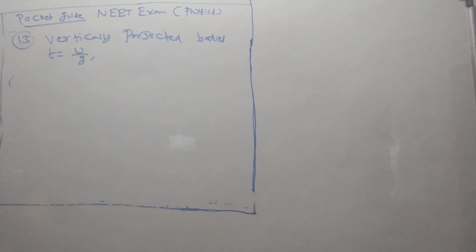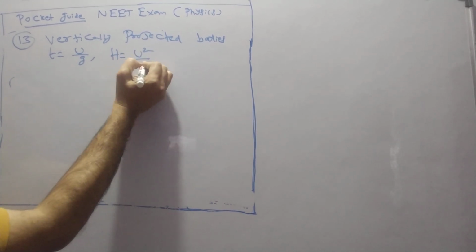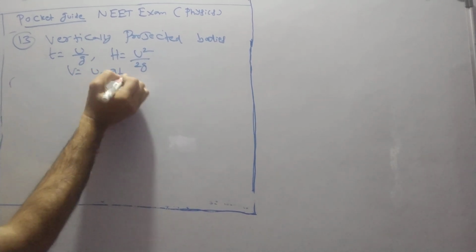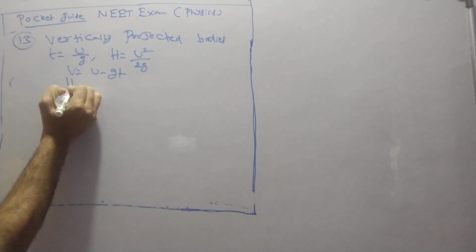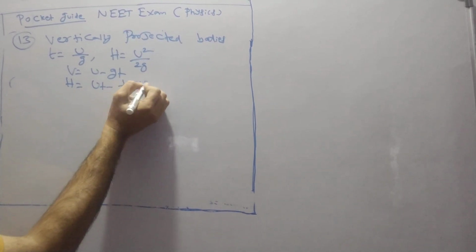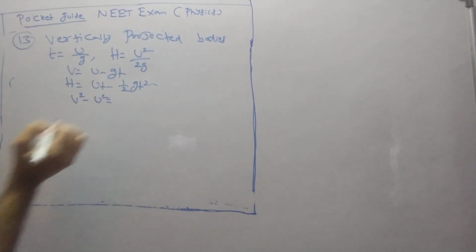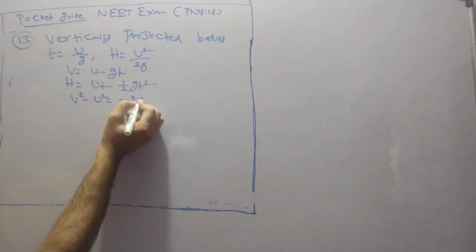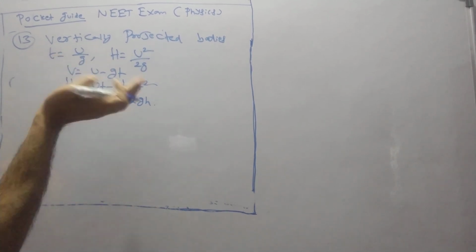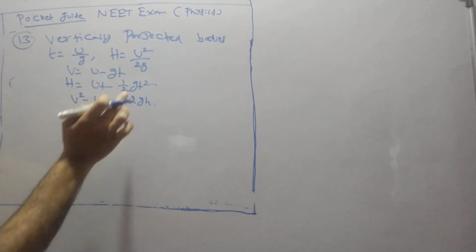Next is h equal to u square by 2g. v equal to u minus gt. h equal to ut minus half gt square. v square minus u square equal to minus 2gh. So when it is vertically upward, your g will be minus. So in the kinematic equations, you will get this minus sign there, v equal to u plus at, you know that a will become minus g.